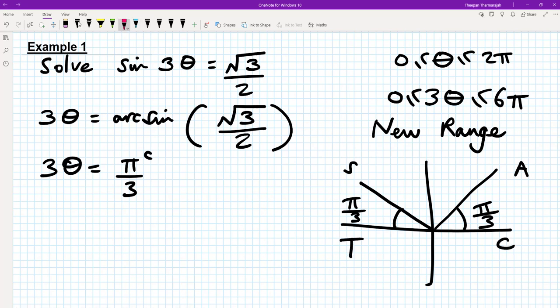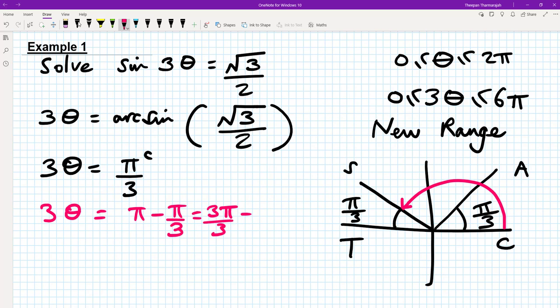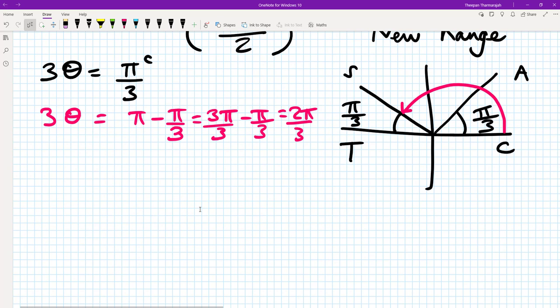Now, we always measure angles in an anti-clockwise direction. So your next solution is going to be pi minus pi over 3. That's the same thing as 3 pi over 3 minus pi over 3, which is 2 pi over 3. Then, when we go around the cast diagram once, that's going to be 2 pi.